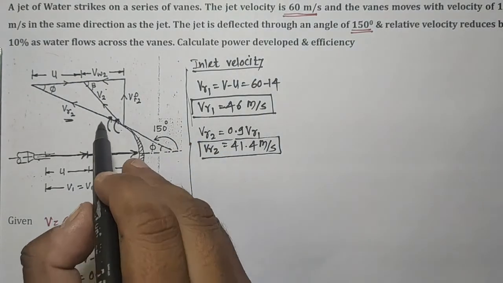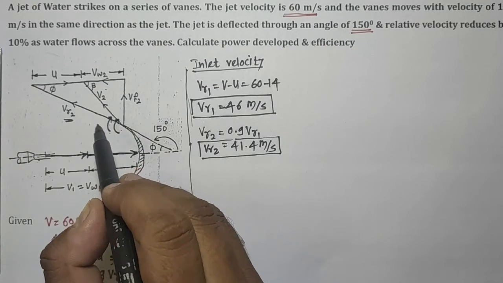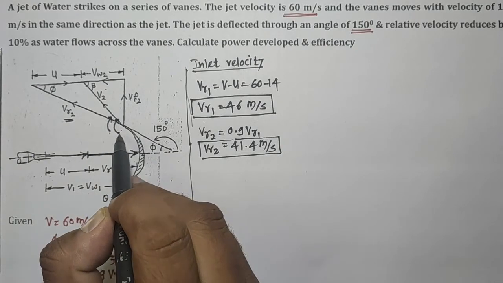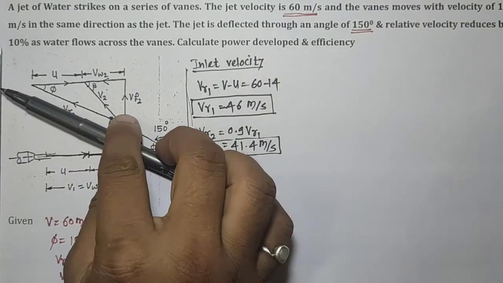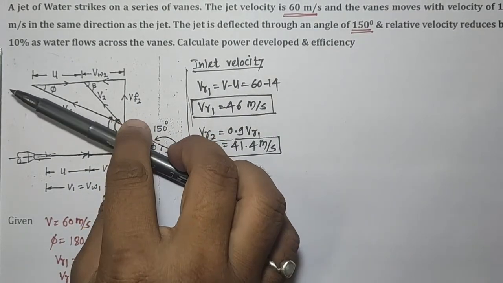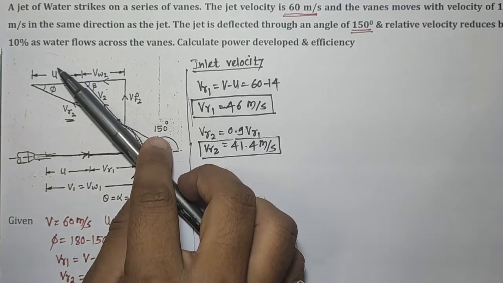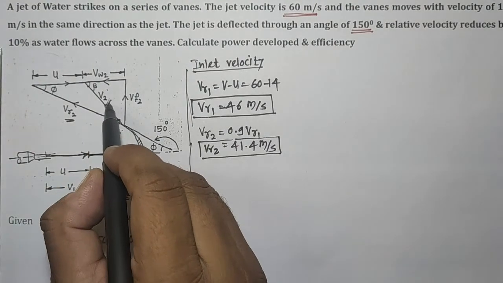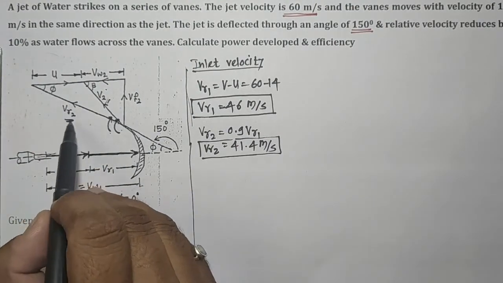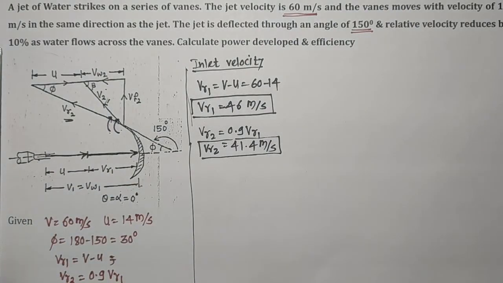The water jet is trying to exit from the moving vane, so obviously it takes the same direction. It gets a forward inertia in such a way that instead of following this path, which is VR2, it is going to follow this V2 direction. So here we have an absolute jet velocity. This one is what we call the relative jet velocity, and this one is what we call the absolute jet velocity at the exit.